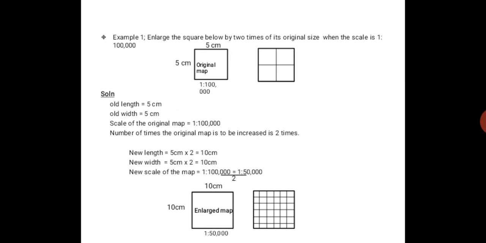Old length equals 5 cm. Old width equals 5 cm. Scale of the original map equals 1:100,000. Number of times the original map is to be increased is 2. In this case, you are given exactly the number of times the map is to be enlarged.